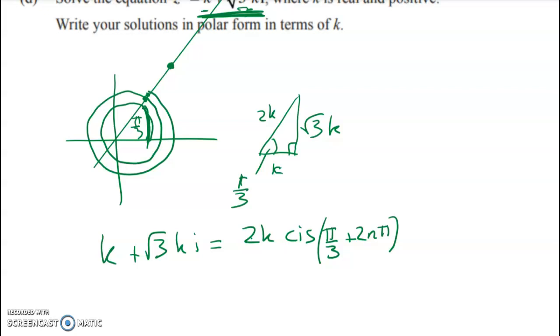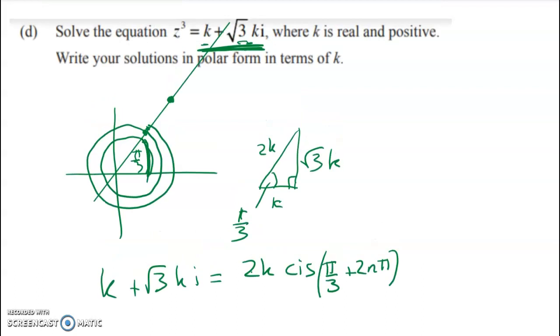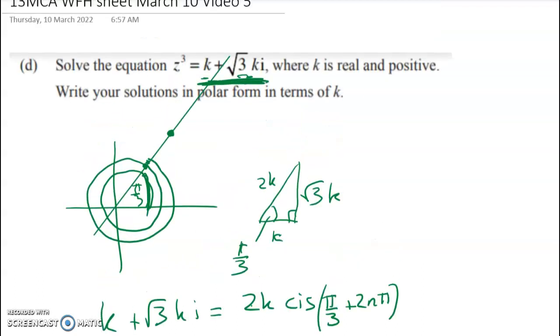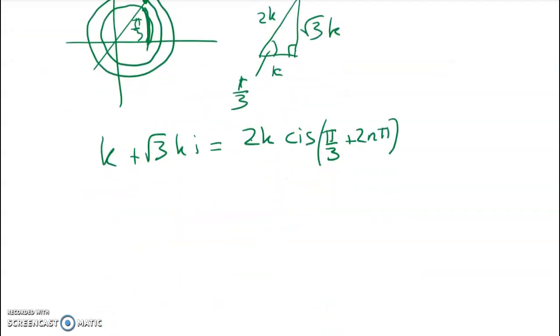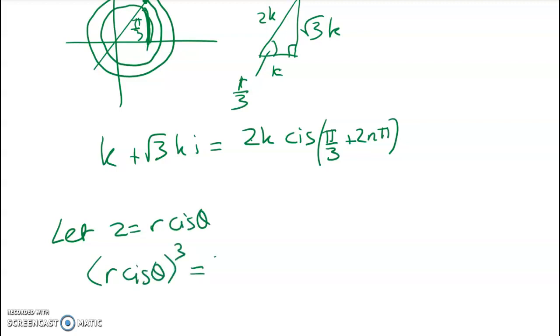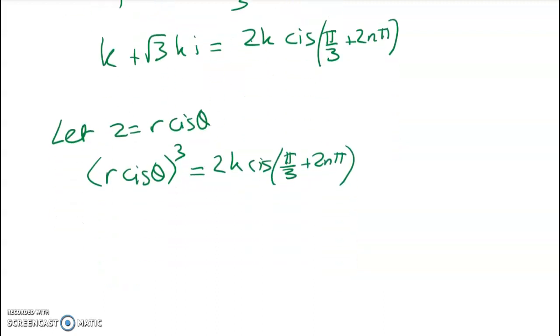What we've got now is we've turned this into polar form, and now we just need to work on the z cubed. So let z equal r cis theta. We've got r cis theta cubed is equal to this. This was a merit question, by the way.